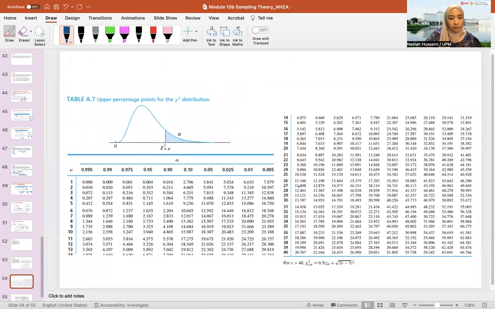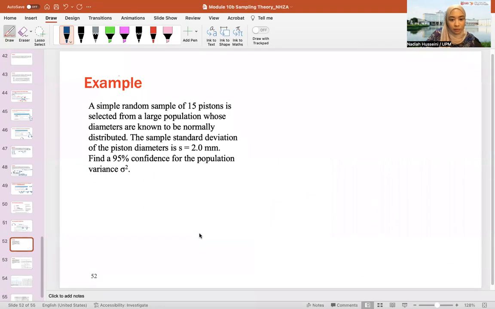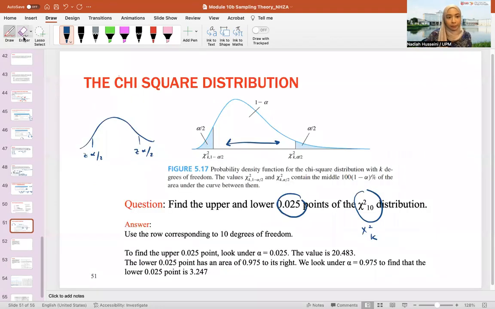So we are talking about the degrees of freedom being 10, and then we are specifying the upper and lower 0.025. Let's look back at the question.